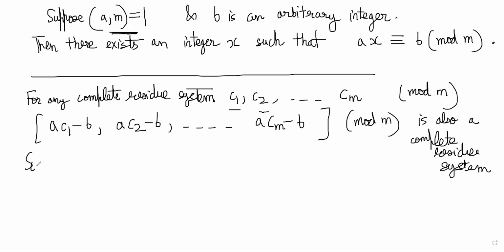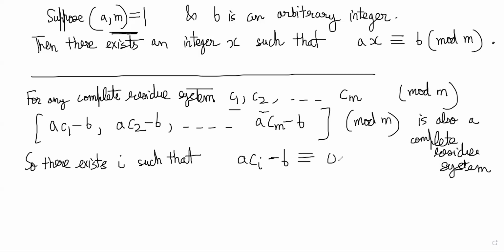So that means there exists i such that a Ci minus b should be congruent to 0 mod m, right? Because it is a complete residue system for mod m, that means 0 must be part of the residues, right? The residues could be 0, 1, 2 till m minus 1.